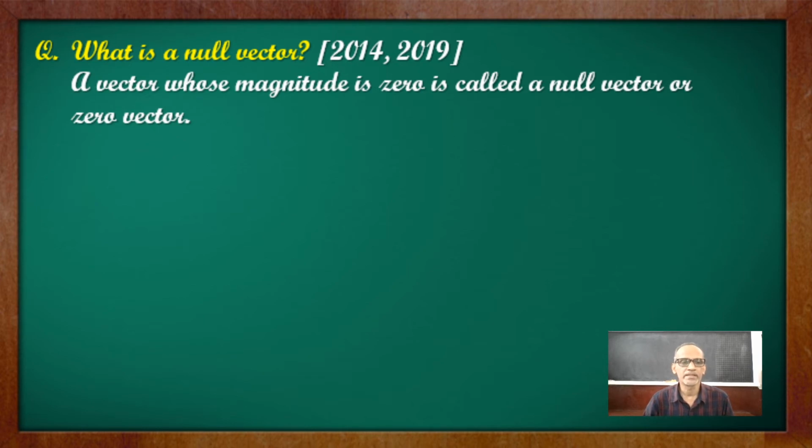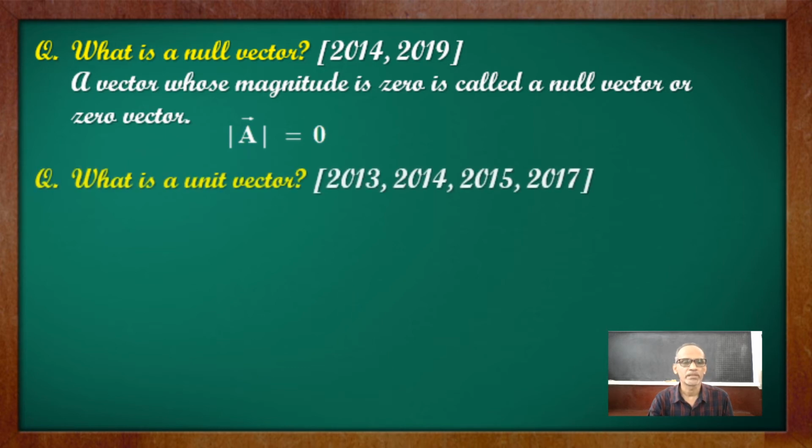If the net acceleration is zero, then we can call it a null vector. And magnitude we represent by drawing a vector within two vertical lines. We read it as modulus. So if the modulus of the vector is equal to 0, then we can call this vector a null vector or a zero vector.